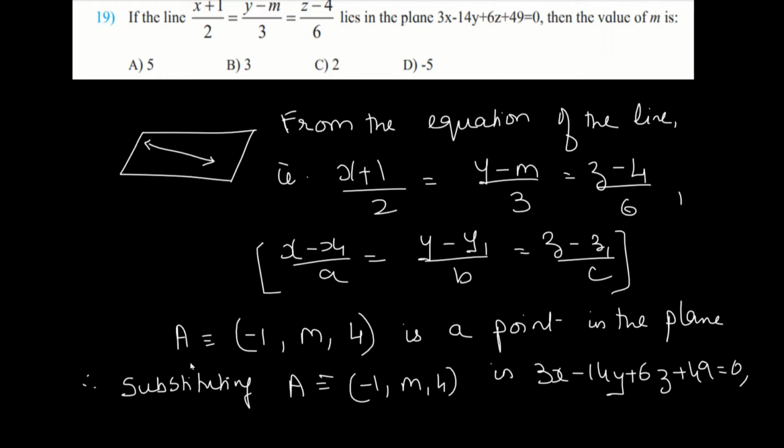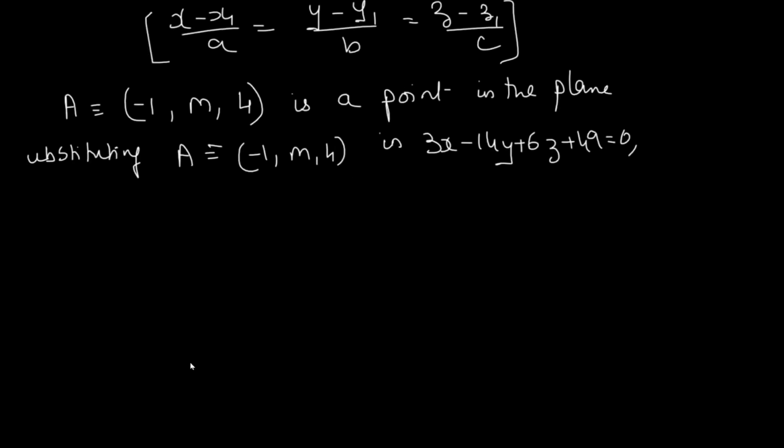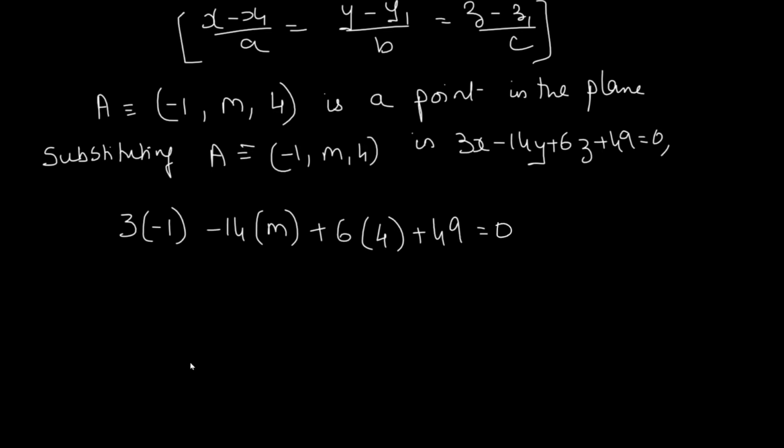We put x as minus 1, obviously, you guessed it correctly, y as m, and z as 4. So we get 3 into minus 1 minus 14 into m plus 6 into 4 plus 49 is equal to 0. Therefore, solving further, we get minus 3 minus 14m plus 24 plus 49 is equal to 0.